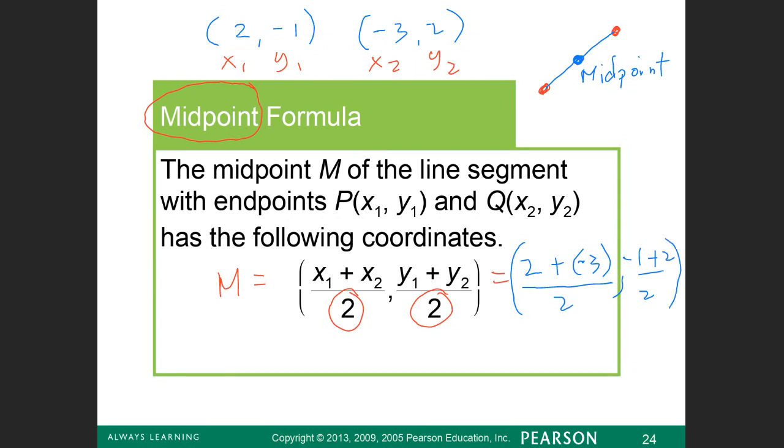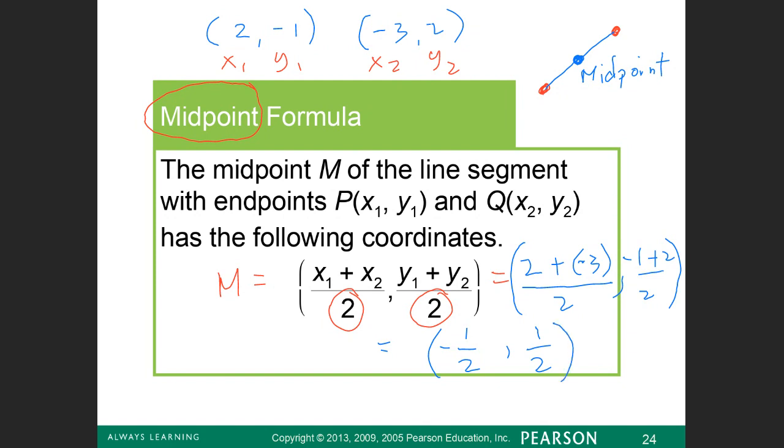So the answer now is going to be 2 plus negative 3. So it gives you a negative 1. So the first x coordinate would be negative 1/2 or negative 1 over 2. And then the second one, it's negative 1 plus 2. So that's unlike sign. So you subtract, that should be 1 over 2. 1/2 positive because you have the bigger value, which is 2 there.